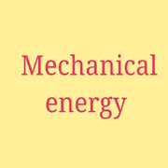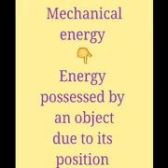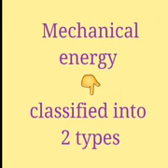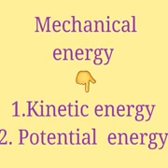Now we learn about mechanical energy. What is mechanical energy? Energy possessed by an object due to its position is called mechanical energy. Mechanical energy can be classified into two types. One, kinetic energy. Second one, potential energy.